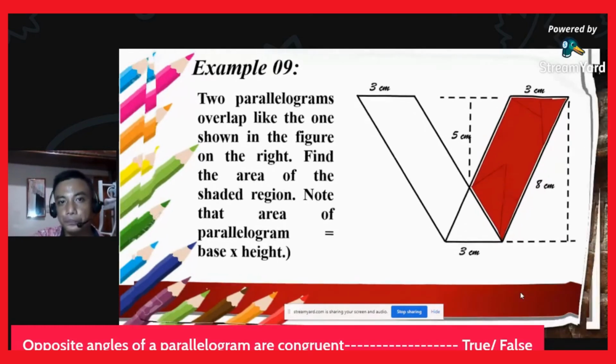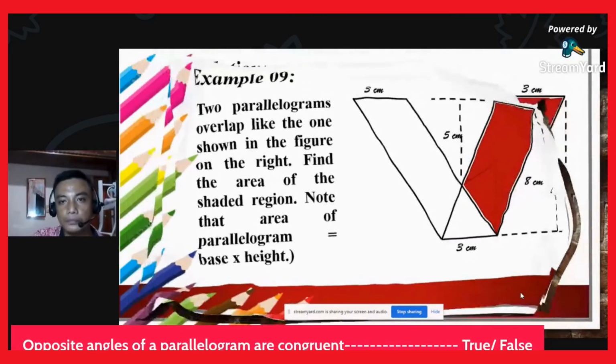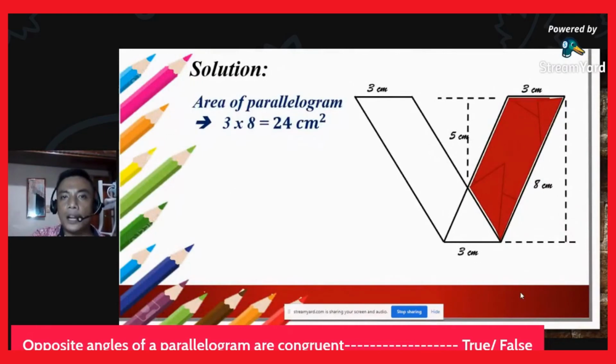So the area of a parallelogram is 3 times 8. As we can see, its base is 3 and its height is 8, which gives us an area of 24 square centimeters.